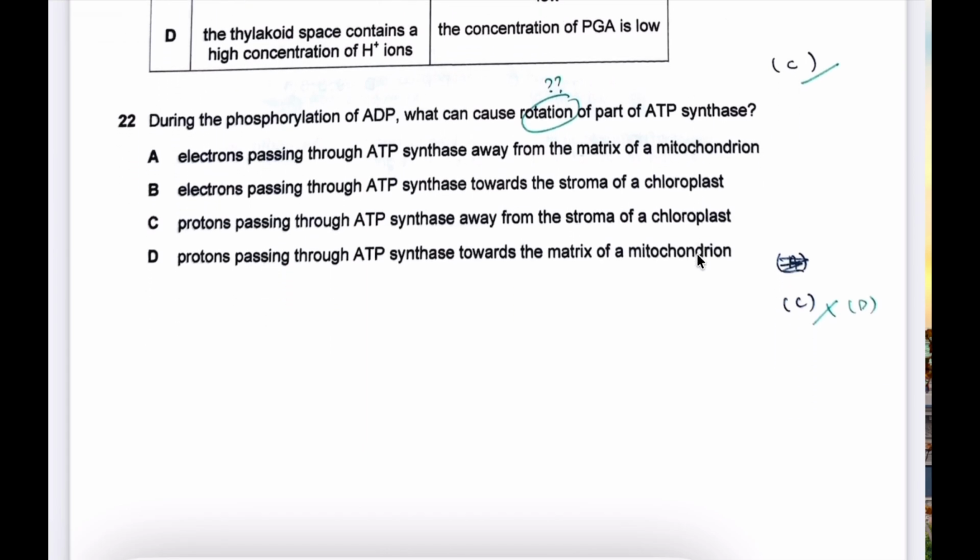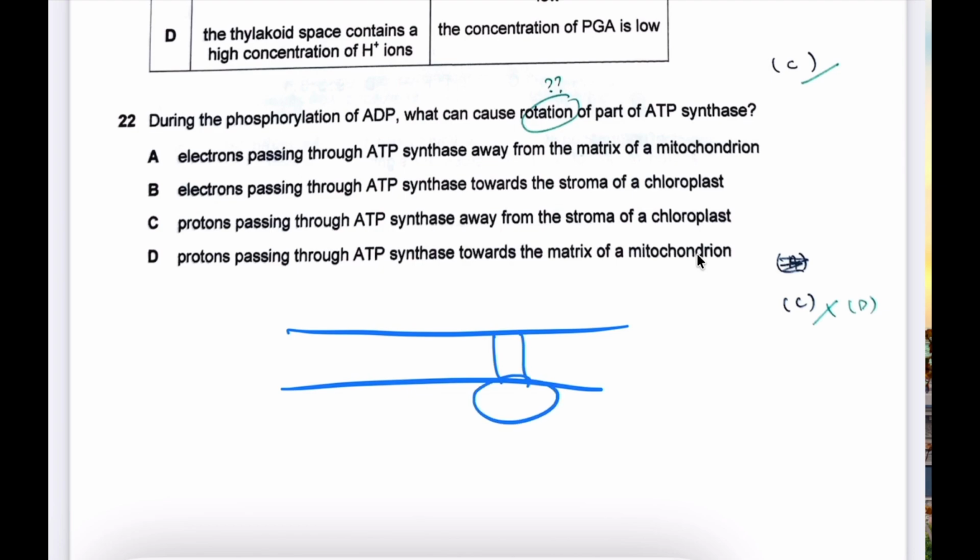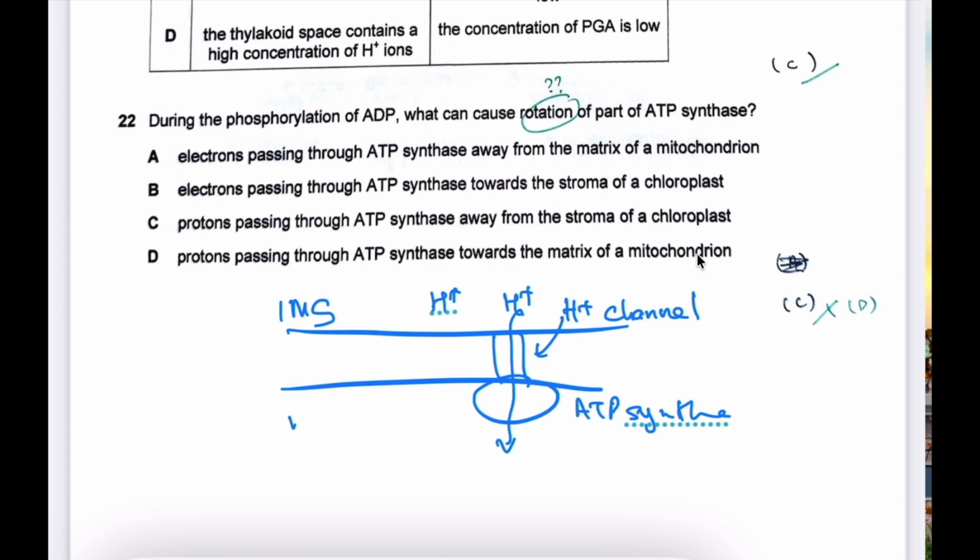ATP synthase has two parts, right? The mushroom thingy. Okay. ATP synthase, this is the proton channel, isn't it? And then this is the ATP synthase. So here, this is the intermembrane space where the H plus is. So the H plus returns to the matrix, right?